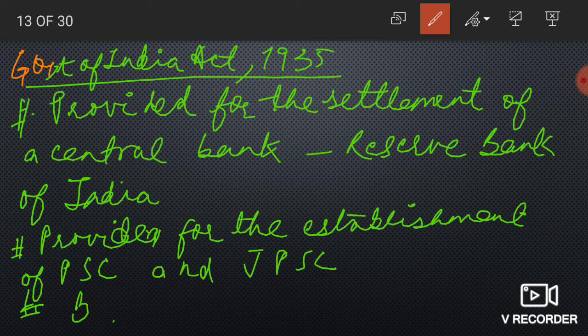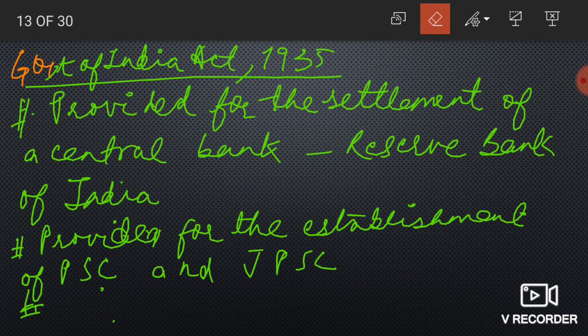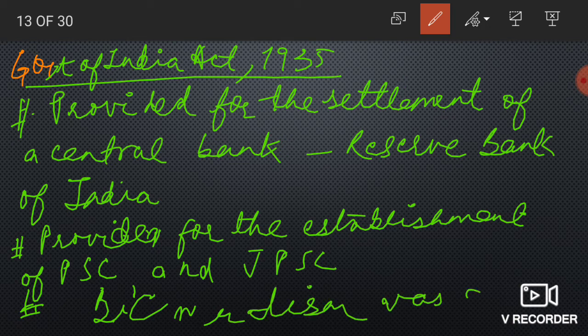Bicameralism was introduced by the Act of 1935.